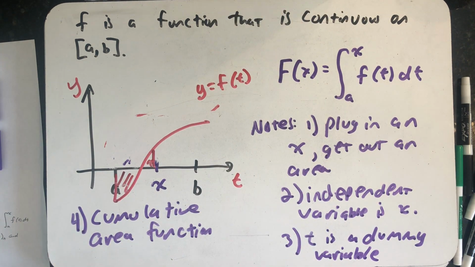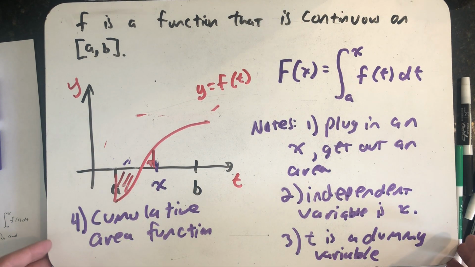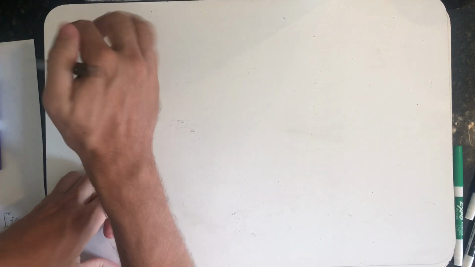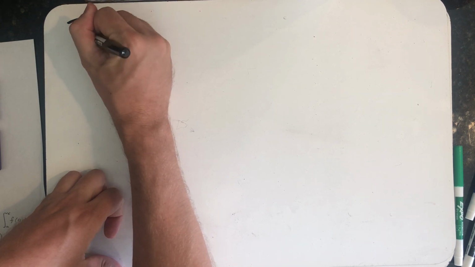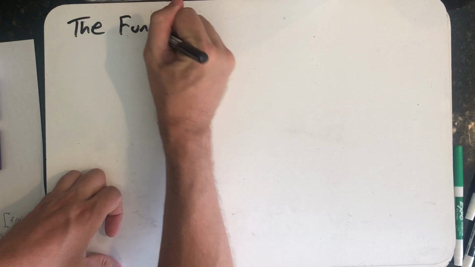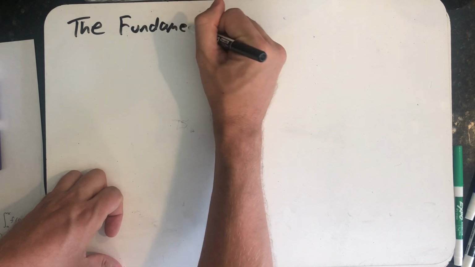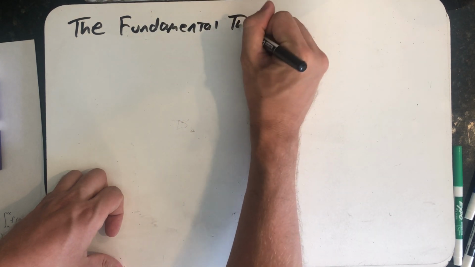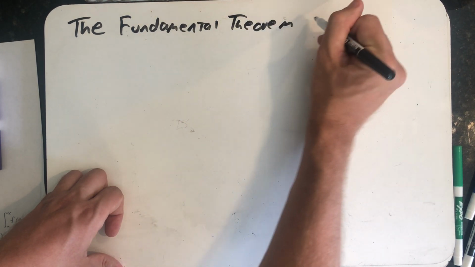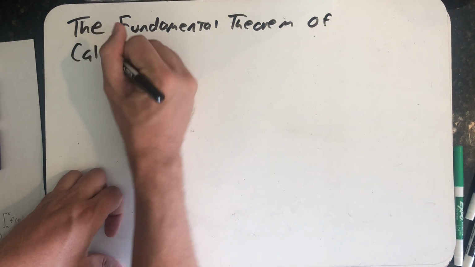Okay, so I have this function big F, and here's something I want to tell you about big F that's super important. This statement is called the Fundamental Theorem of Calculus, Part 1.